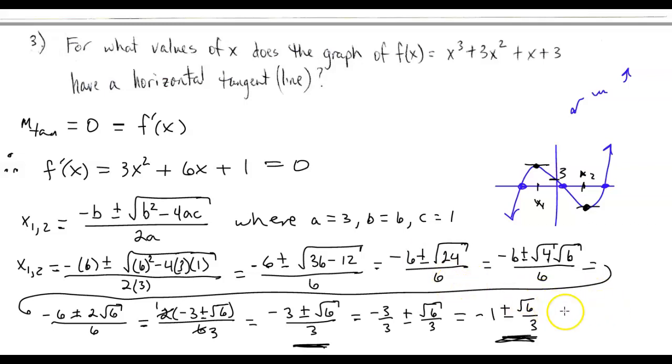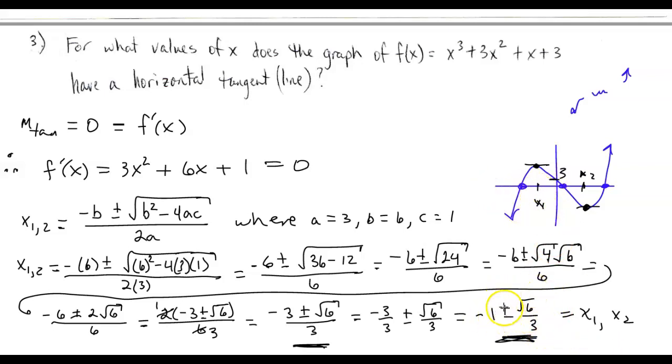And so what this looks like is one of those values is going to be x sub 1 that I have labeled up here, and the other one is going to be x sub 2. Of course, the -1 minus square root of 6 over 3 will probably be the negative one that we see here.